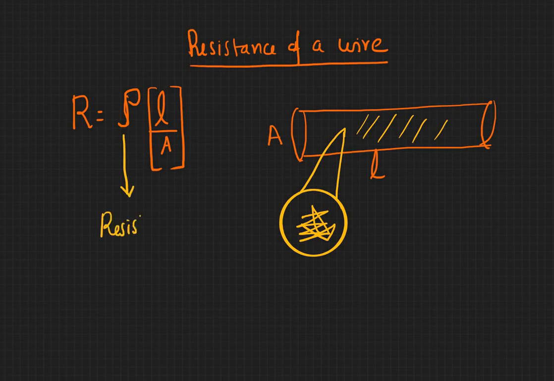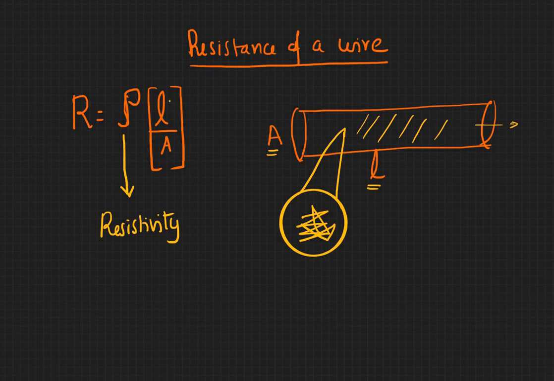So this is resistivity, and the resistance also depends upon the geometry, which is defined by the length and the cross-sectional area. As the length increases, electrons have to traverse a longer path, and hence there will be more resistance.